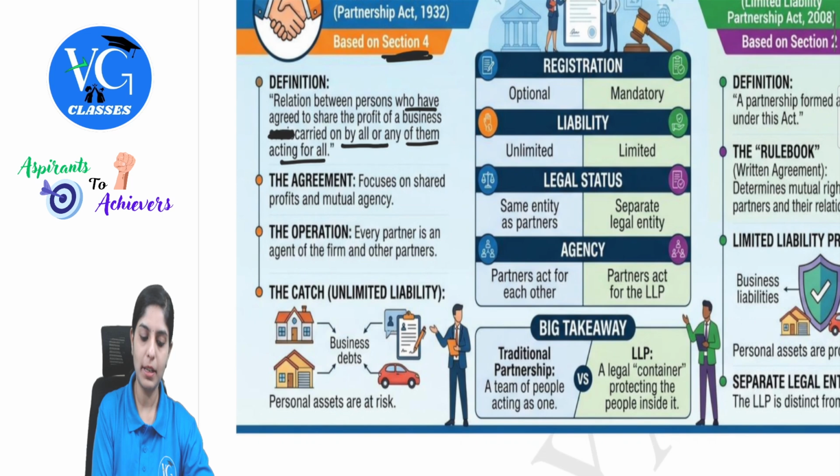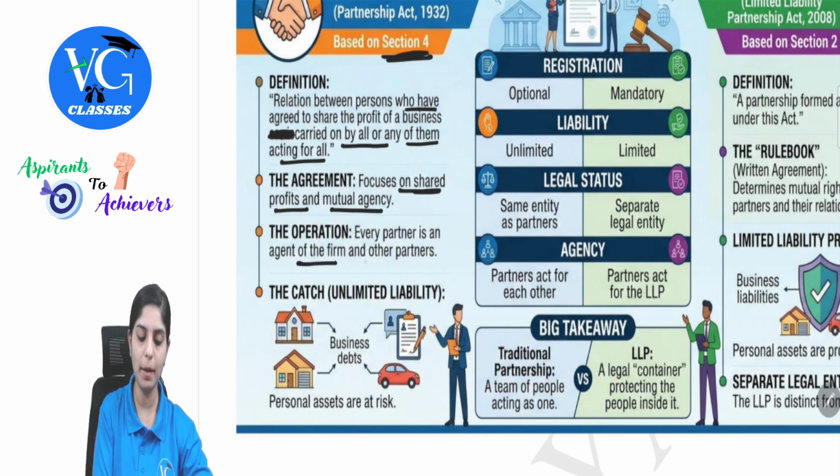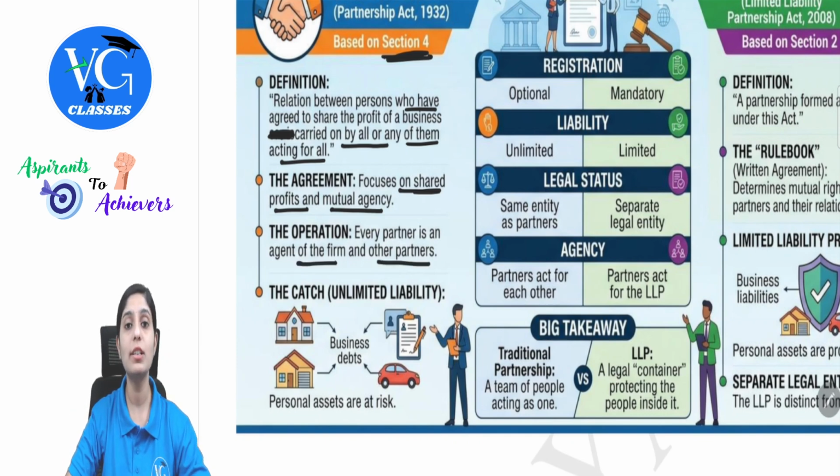Next point, the agreement. This is basically focused on sharing profits and mutual agency. That is, whatever points is being agreed upon will also be considered on behalf of the other partners. Operation: every partner is an agent of the firm and the other partners. So what does the word agent here represent?